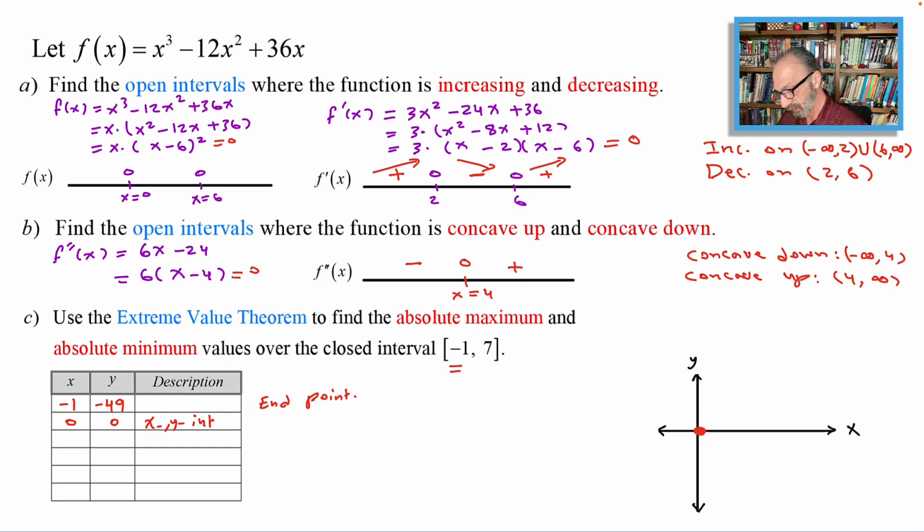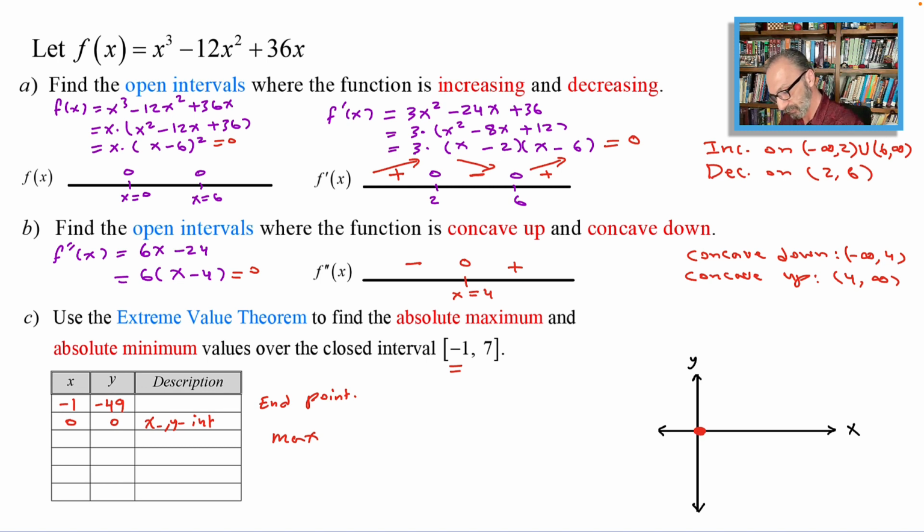Next, I used the number 2 because after the absolute maximum we will have at x equals 2 a max point. As you could see from right here, that's a max. Increasing then decreasing, that will give me a max.